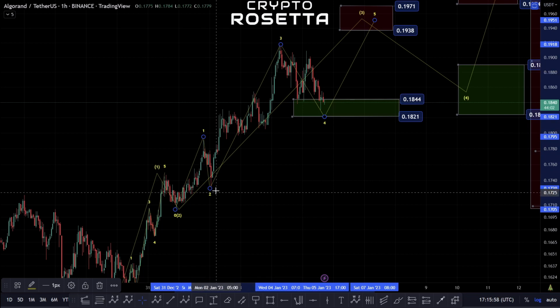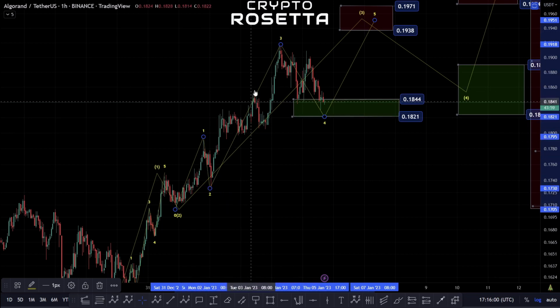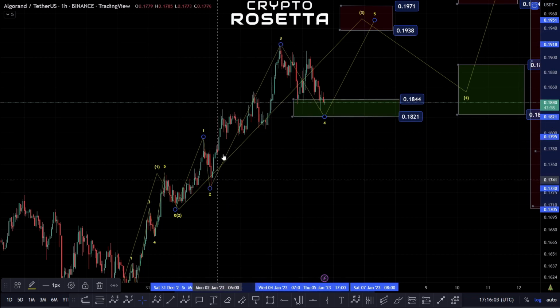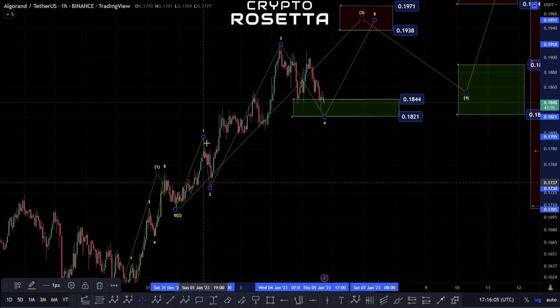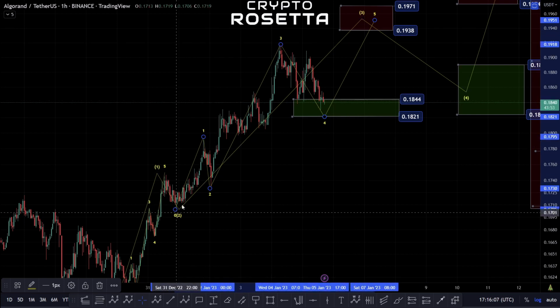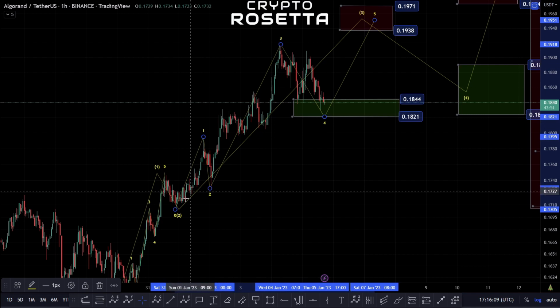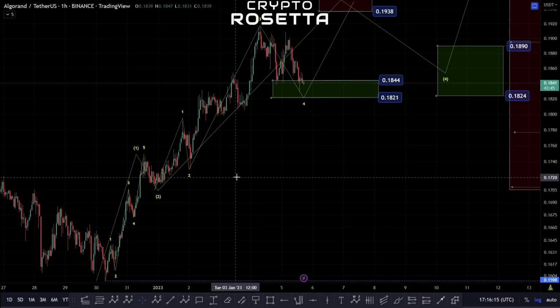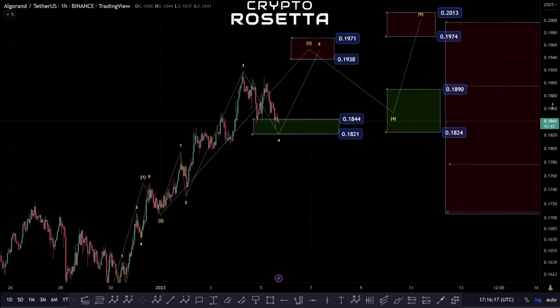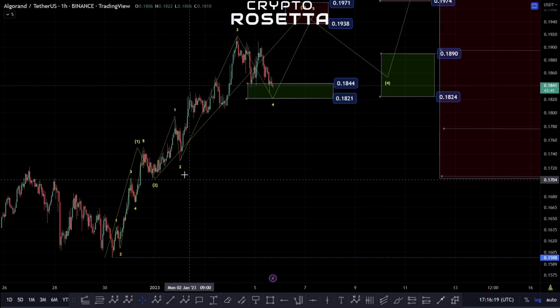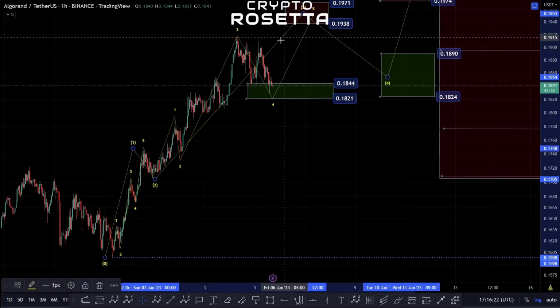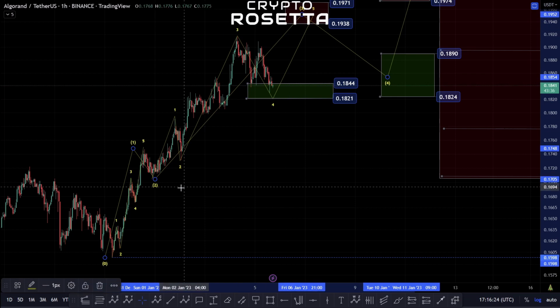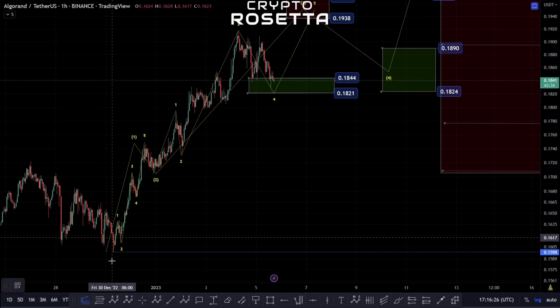This looks more like a 3-wave move. Now, that could be because it's not completed yet, and potentially there's some further extension going on here. It does meet the requirement of the 1.618 from here. The problem within this move, if we're looking at this as a 5-wave move, is if we wanted to look for, so this is a wave 1, and then this is the wave 3 for the same degree of trend.